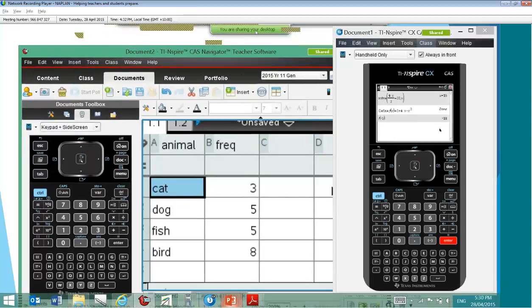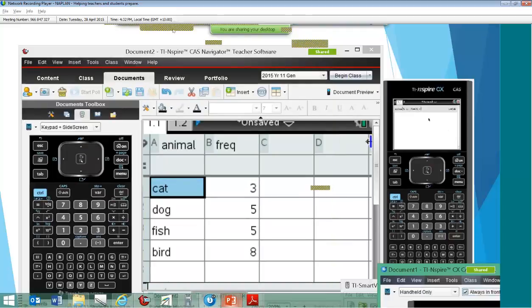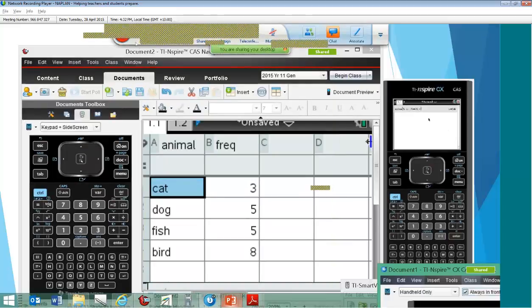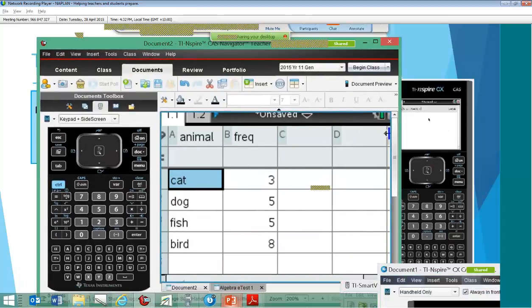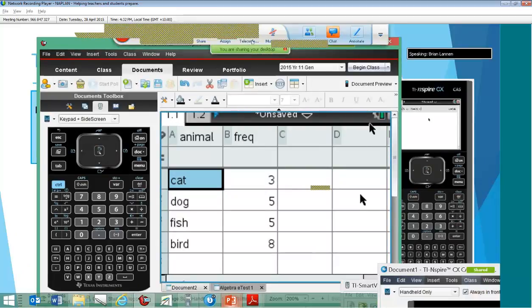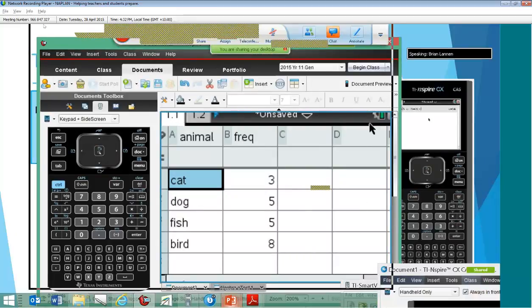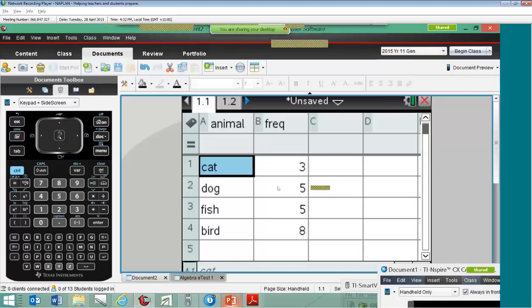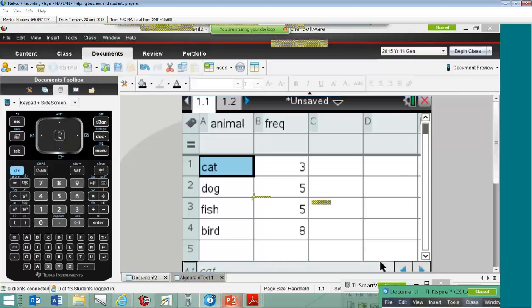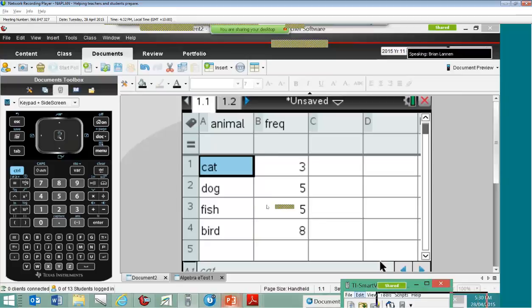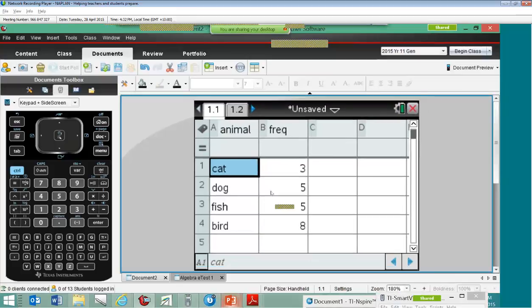I'll just get this one out of the way a bit. I will maximise it, I think. So what I've done is I've used a list and spreadsheets table.